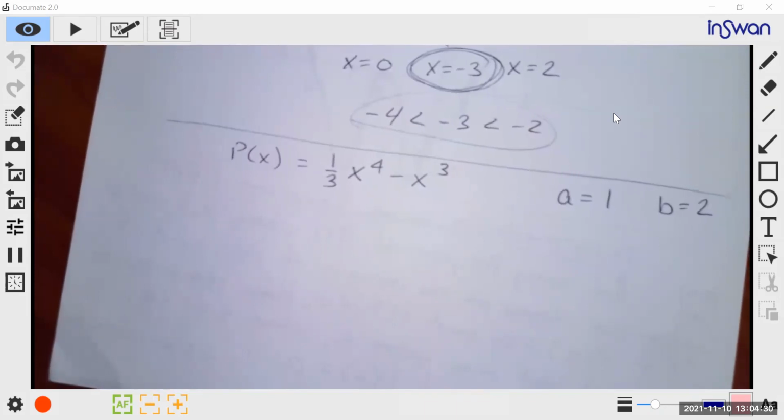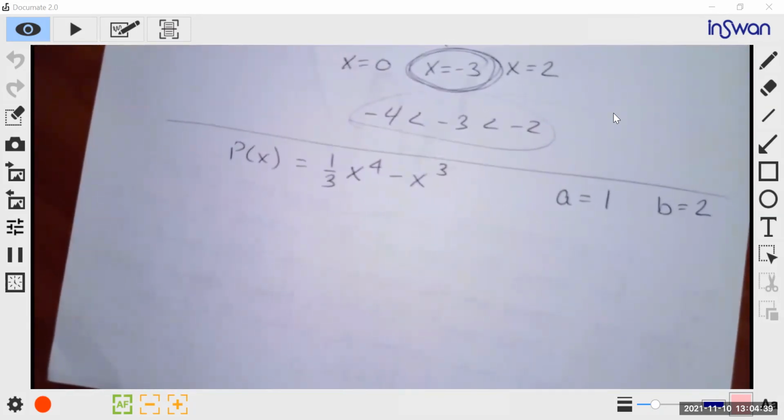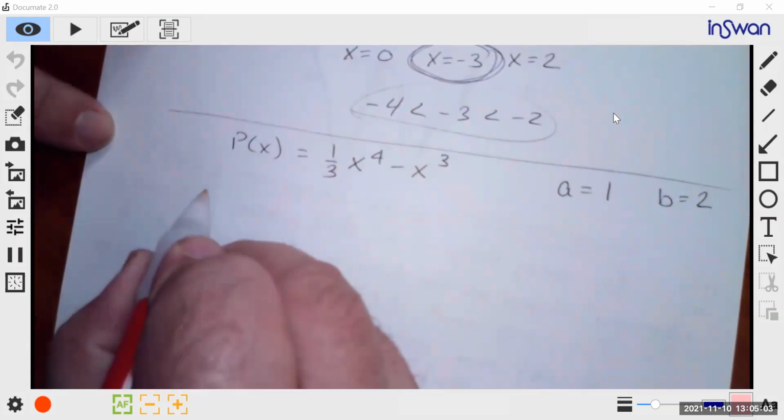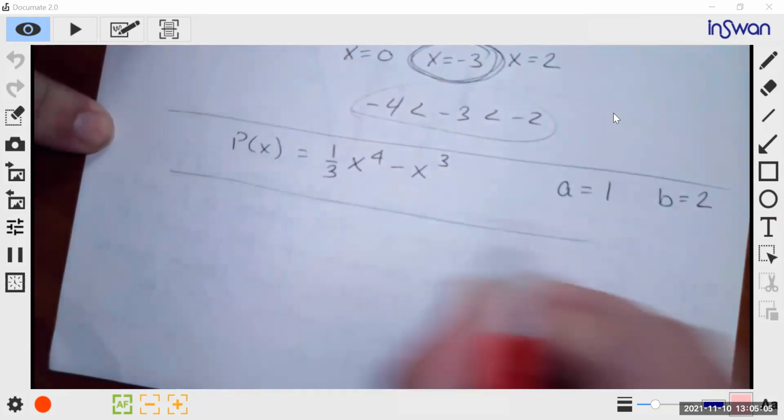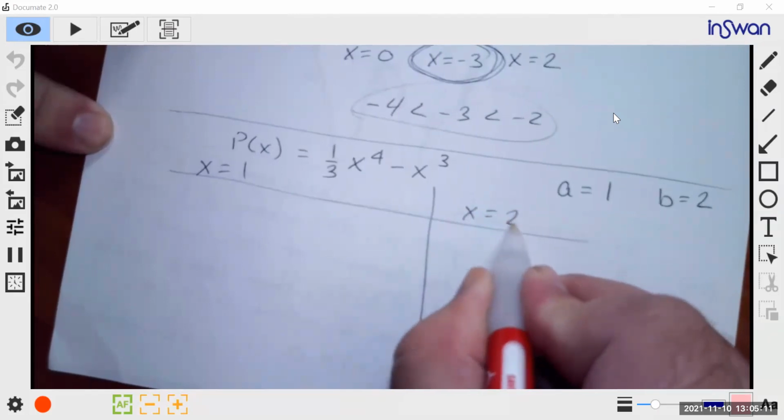Is there going to be an x-intercept between there? x equals 1 and x equals 2.